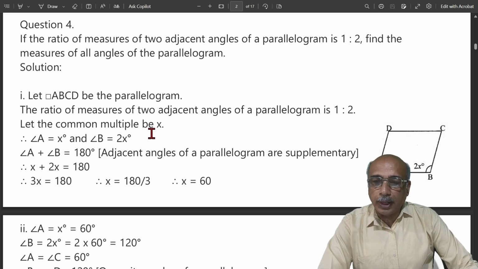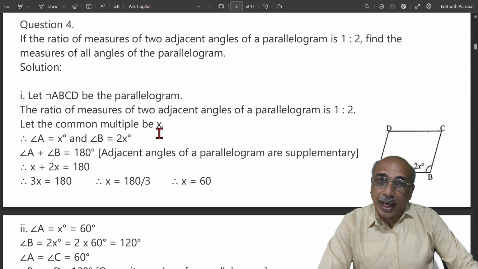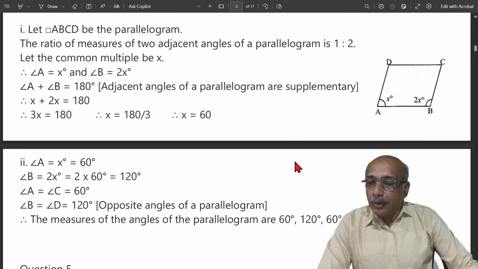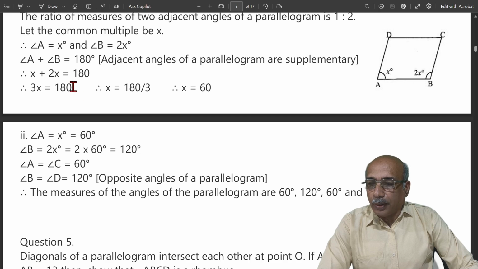Let the common multiple of the angles be x. Therefore, angle A equals x degree and angle B equals 2x degree. And adjacent angles, as you know, are supplementary. So x plus 2x equals 180 degree, 3x equals 180 degree.